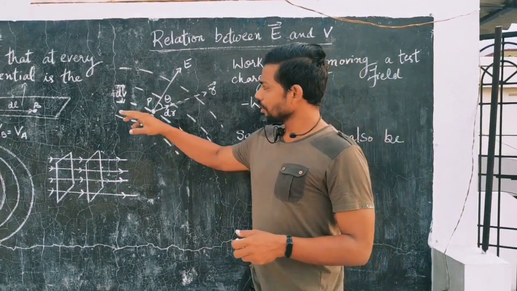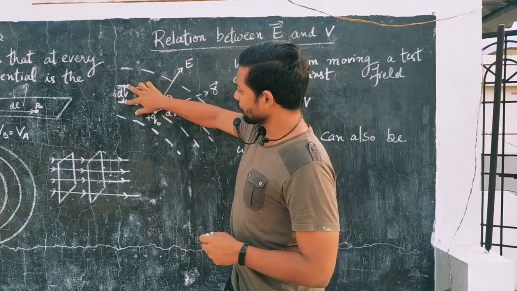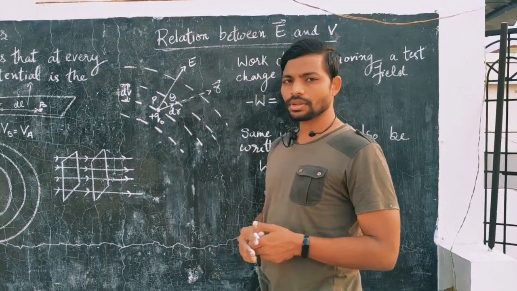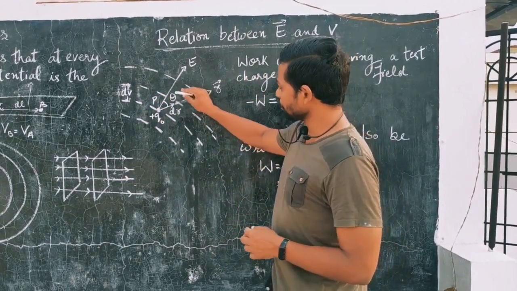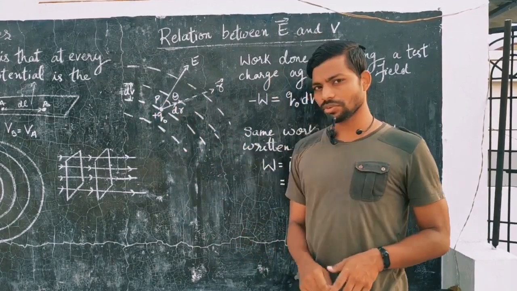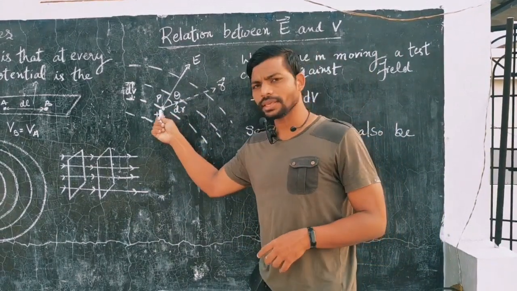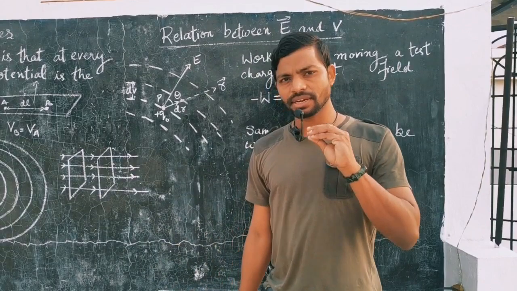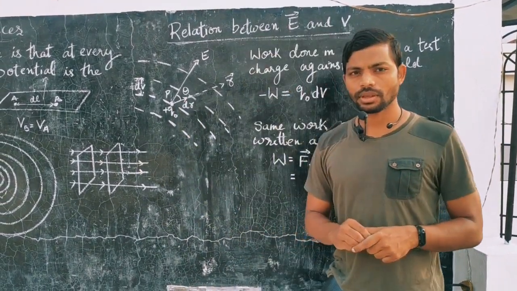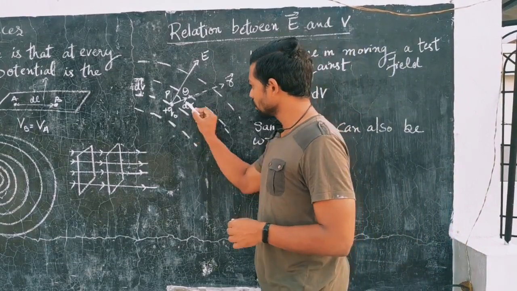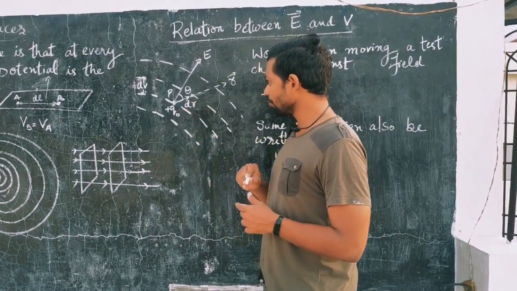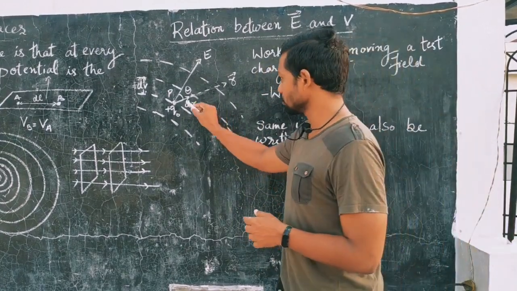Let us say the potential difference between those surfaces is dV, and you can see here electric field intensity perpendicular to the equipotential surface. Let us consider a point P, and let us place a test charge Q0 at point P, and let us say this charge is displaced by an amount of dr in this angle.